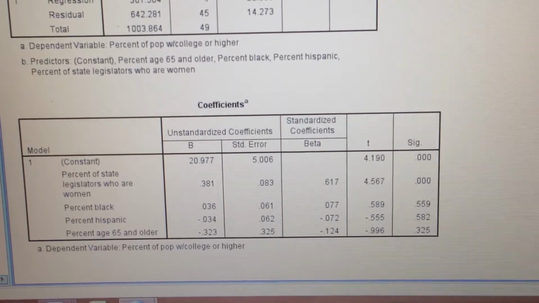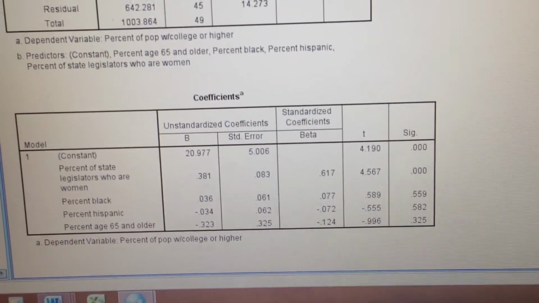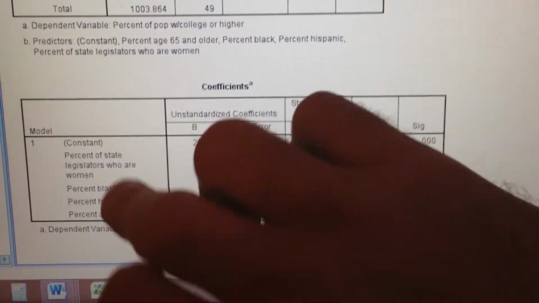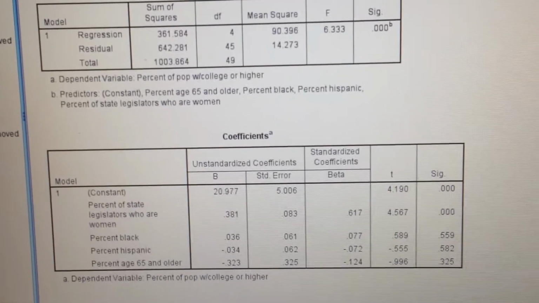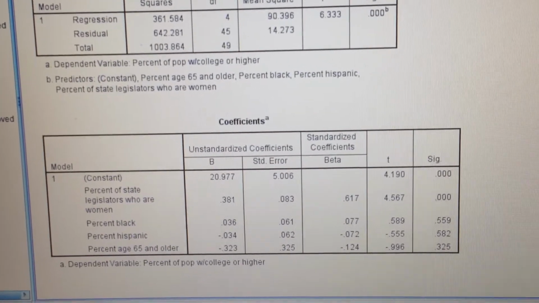What we would like is a statistic that tells us how much of our dependent variable these 4 variables explain.